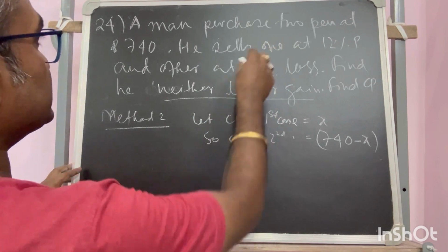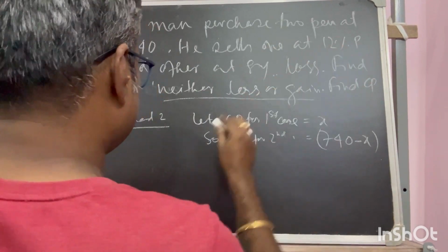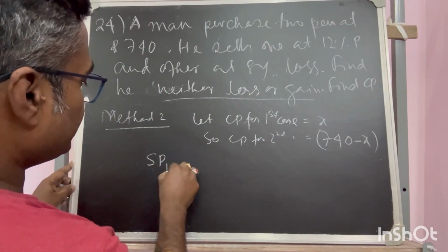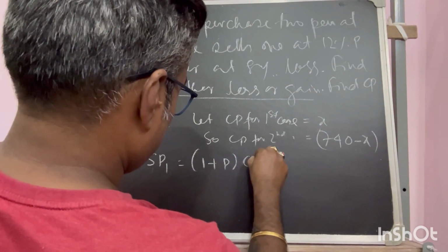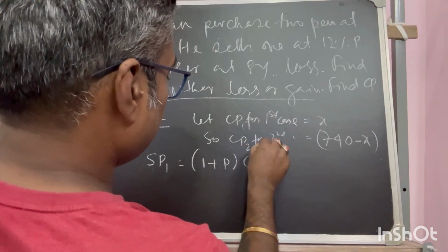Now first is the percentage profit. So selling price for 1 is equal to 1 plus profit into the cost price. This is CP1, CP2.